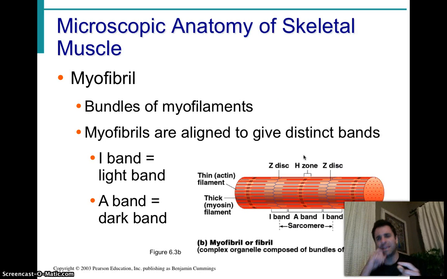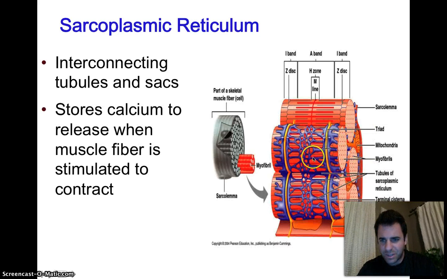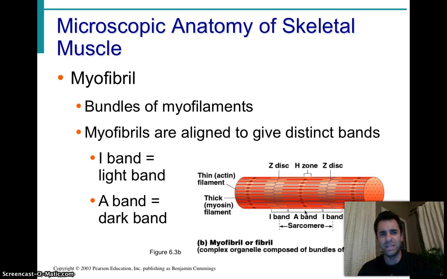Now, within the myofiber, or muscle cell as it's called, there are myofibrils. To give you some idea, each one of these things is a myofibril. So 1 myofibril, 2 myofibrils, 3, 4, 5 being pictured here. Within a myofibril, we have bundles of myofilaments.